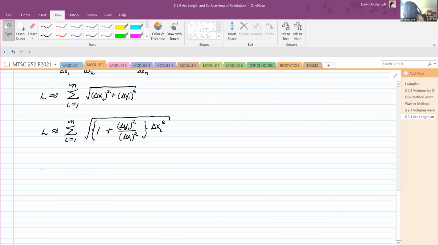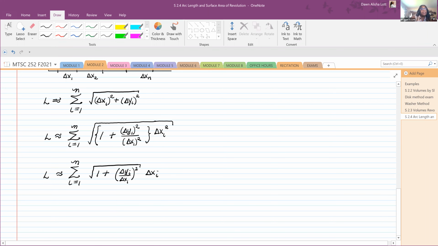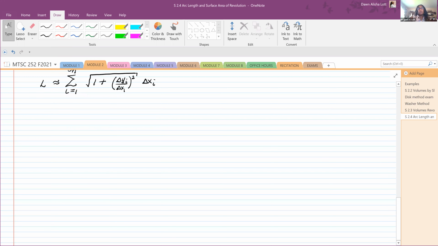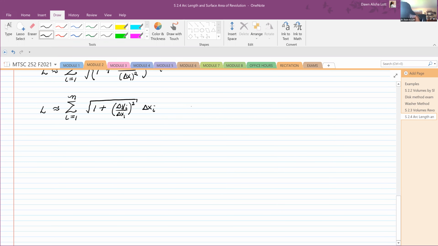So now my length is approximately the sum, i equals 1 to n, of the square root of 1 plus delta yi over delta xi, quantity squared, times delta xi. All right, now we do the calculus. We want to let the length of all the delta xi's go to 0, which means n goes to infinity.